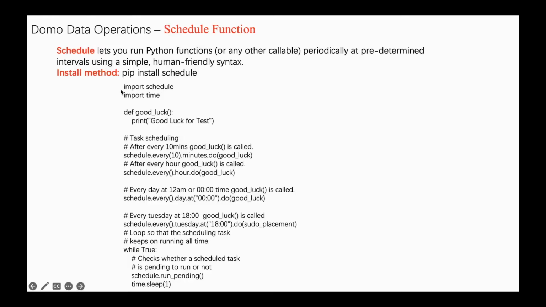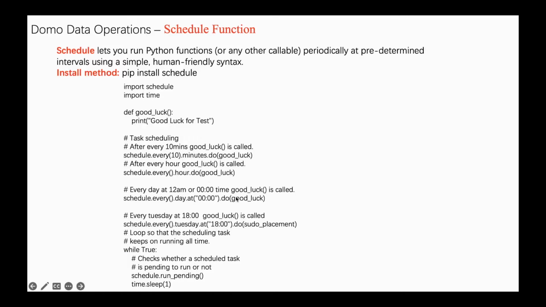This is the schedule function. The schedule function lets you run a Python function or any callable periodically at predetermined intervals using a simple human-friendly syntax. It's very easy to install this library: pip install schedule. For example, you can use the schedule every 10 minutes to update your dashboard, or every hour, or every day at 0 o'clock.